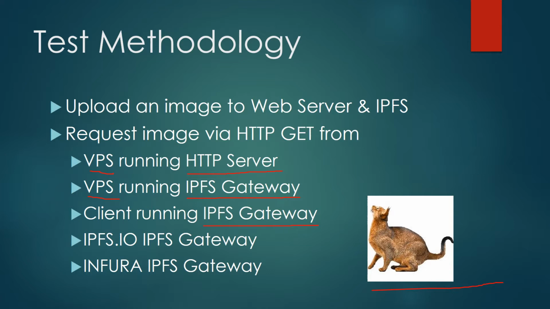I also ran an IPFS gateway directly on my client. This is the intended way of joining an IPFS node and getting files from the IPFS network. And I also used the IPFS.io gateway to see if those are any different. I also used a private IPFS gateway, hosted by a private company.